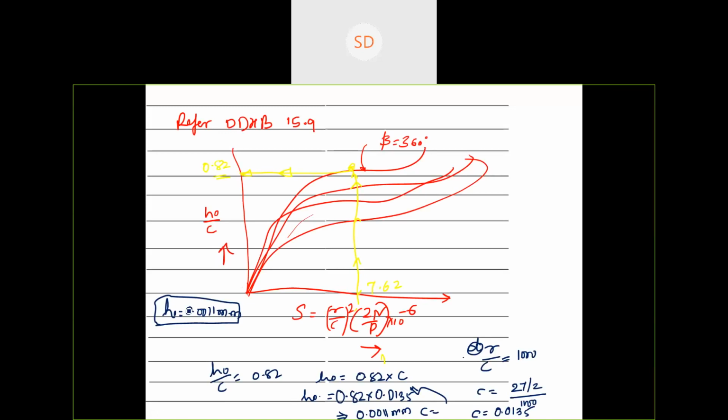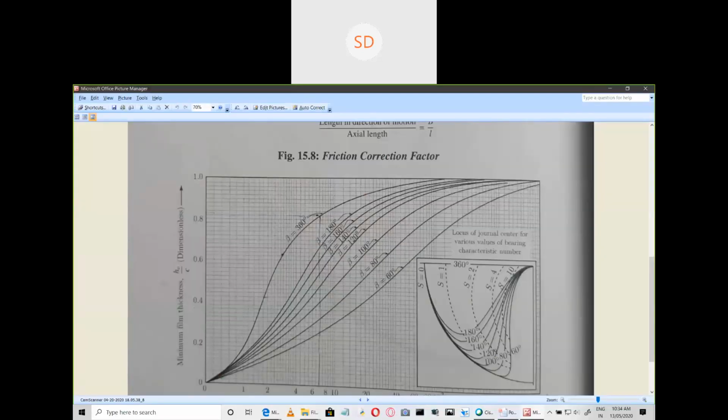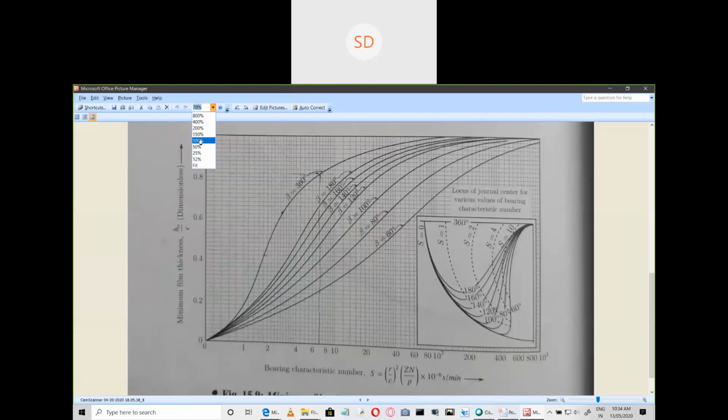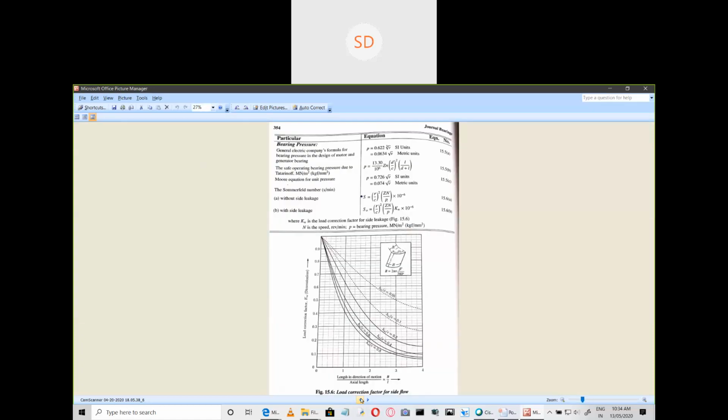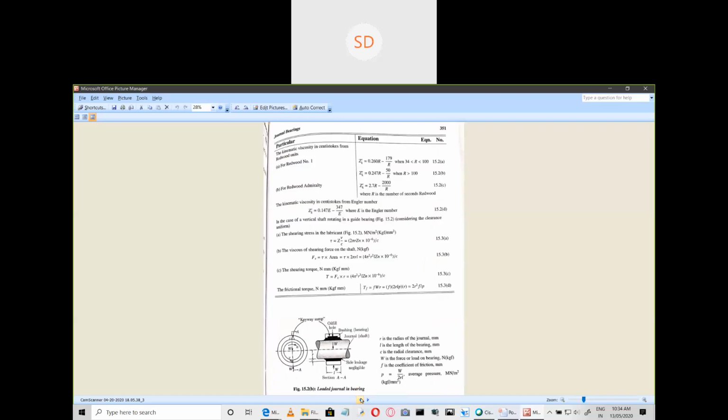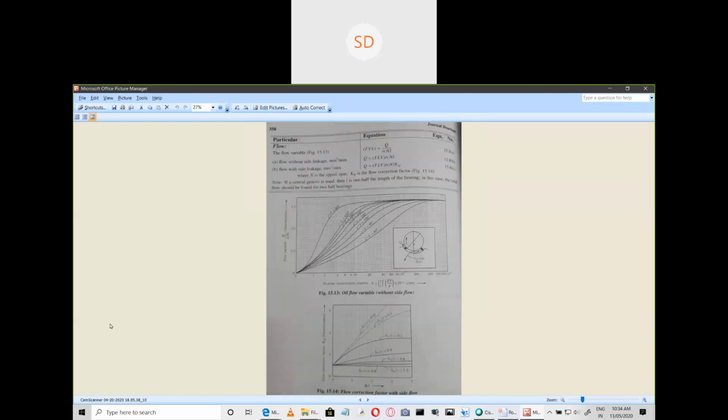Now, as we calculated this bearing characteristics number, the Sommerfeld number S. You refer to figure 15.13 to find out the flow rate.